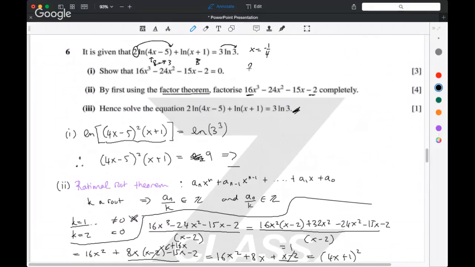Well, in that case, we get 2 natural log of minus 6 plus and so on. You cannot take the log, any kind of log, of x less than 0. So this is not defined.